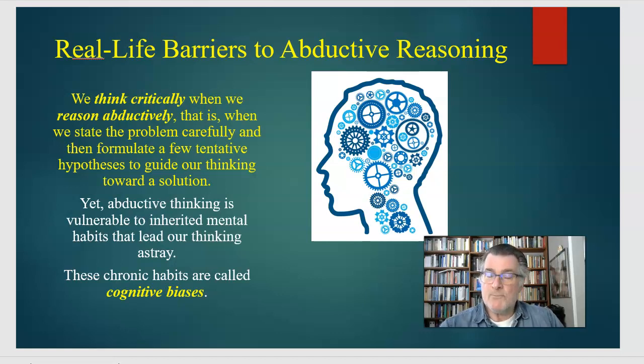So we're stating the problem very carefully in our minds. Then we start to formulate some tentative ideas, some hypotheses that are going to guide us towards a possible solution. Of course, making it possible that we could in fact be wrong. And this is where abductive thinking lays itself open to biases and prejudices that we may have. And when I say a prejudice, I don't mean something racist.